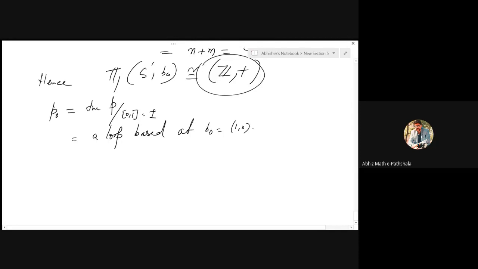So then you can generate the fundamental group of S1 by using this P naught. I left this as an exercise. So this group is generated by this one.